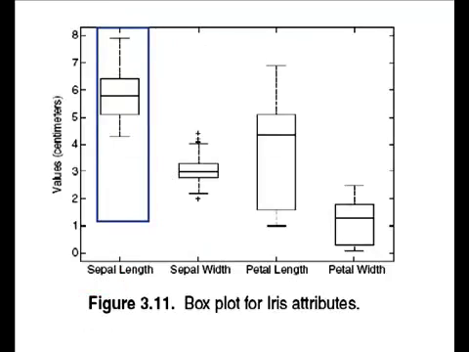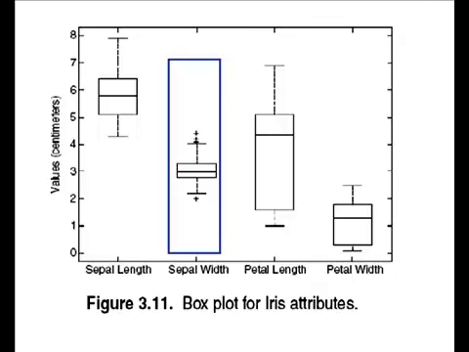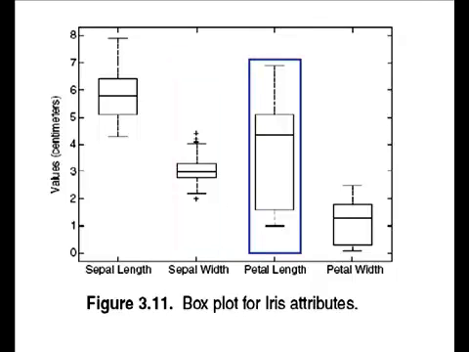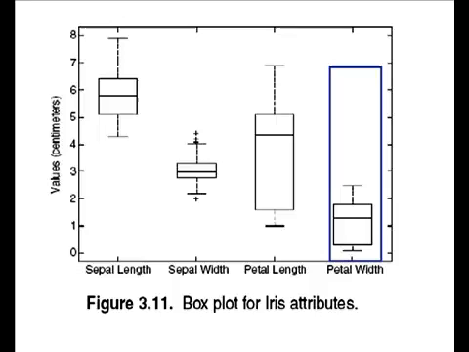This is another slide, a box plot for each value. This is the box plot for sepal length, the box plot for sepal width, the box plot for petal length, and the box plot for petal width. The values are measured here in centimeters. If you observe, the spread of the data for each attribute is different.